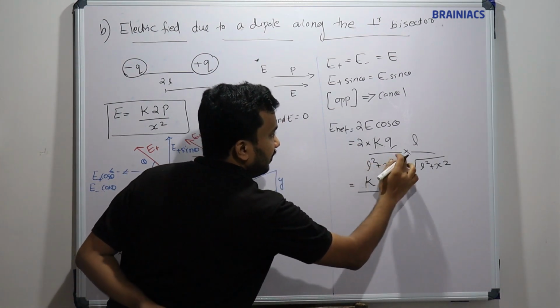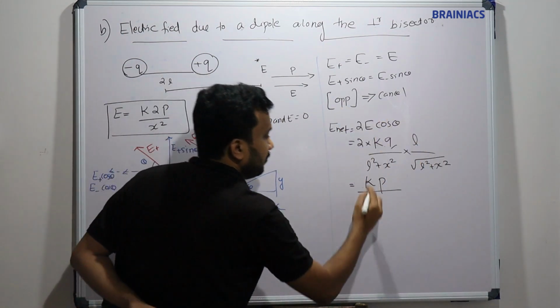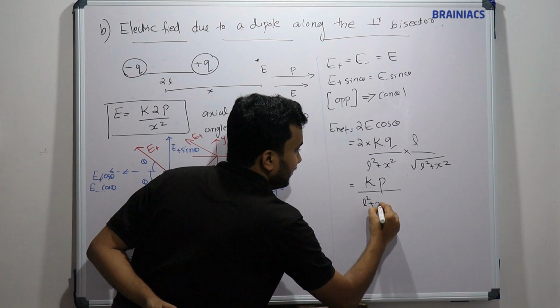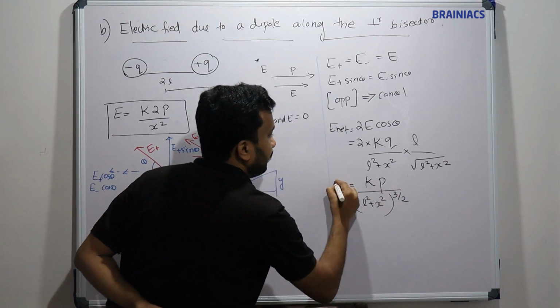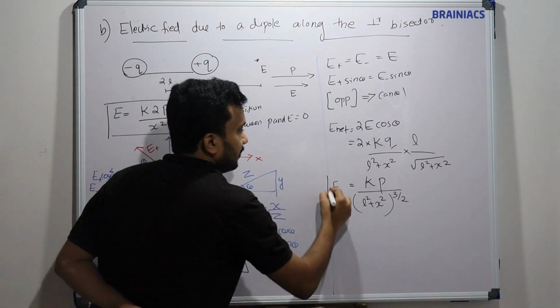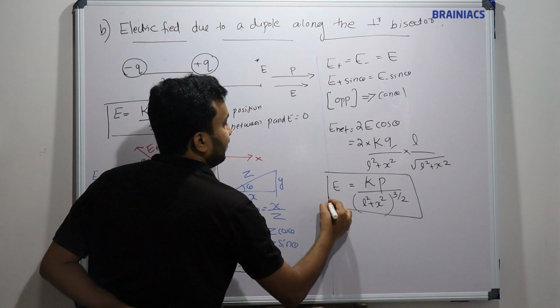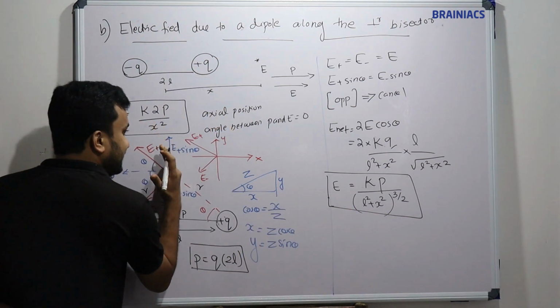This is power 1, this is power 1 by 2. 1 plus 1 by 2 means how much will come? 3 by 2. L square plus X square to the power 3 by 2. This is the total electric field created by a dipole along the perpendicular bisector.